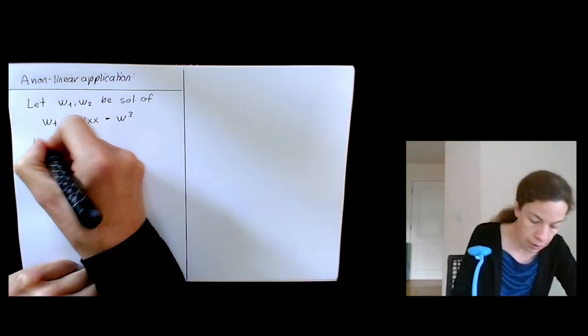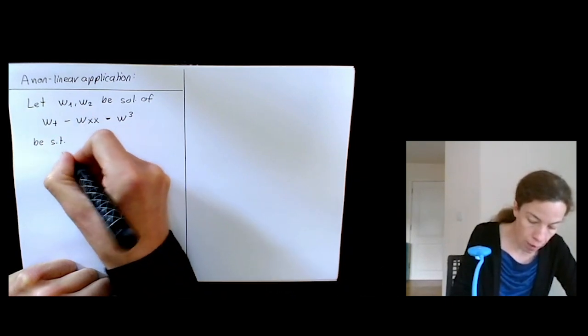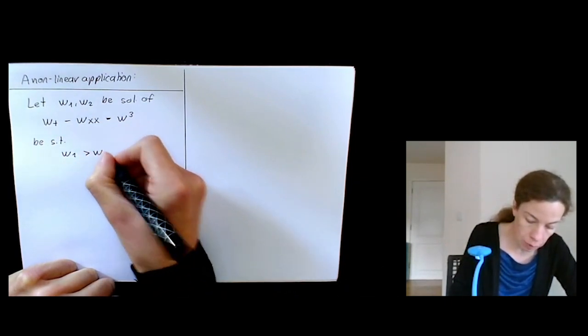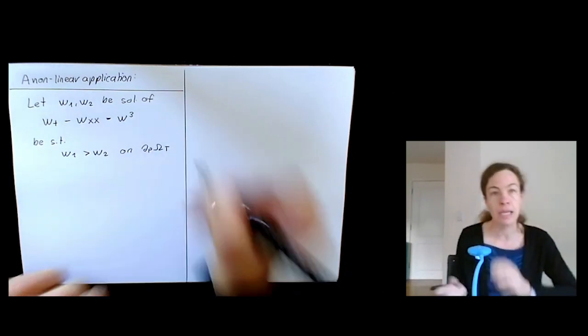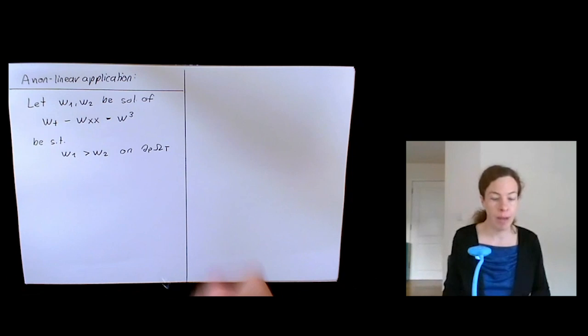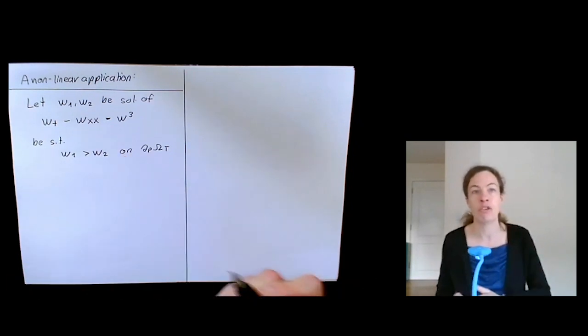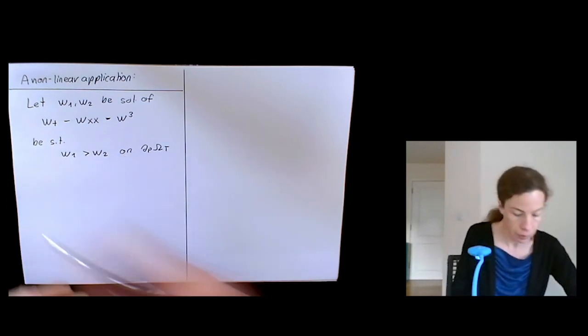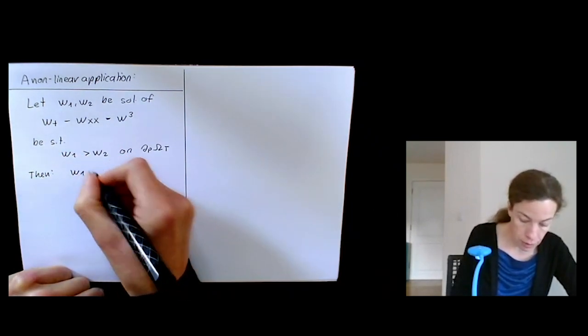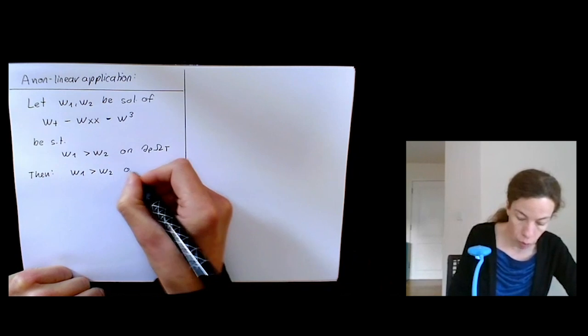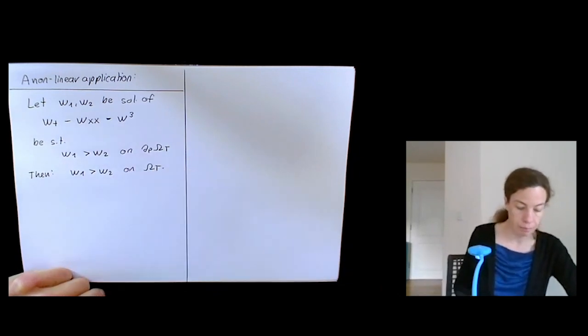So I want to ask that W1 is strictly larger than W2 on the whole of the parabolic boundary. So both the initial values and the boundary values of the first solution are larger than the ones of the second solution. Then what I'm going to claim is that W1 is larger than W2 on the whole of my domain, omega T.